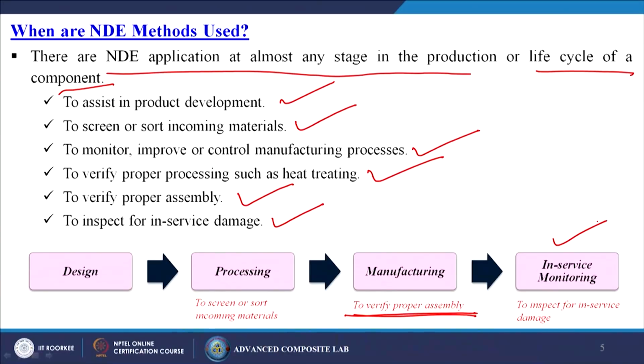So, to verify the proper assembly of that particular parts, and then after that I am using that particular parts in some applications, either automotive parts or some other parts, and while working of that particular parts we are checking whether that material is working properly or not, or maybe in service it is creating some kind of problems, or errors, or maybe the noise, or maybe the vibrations. So, that is known as the in service monitoring.